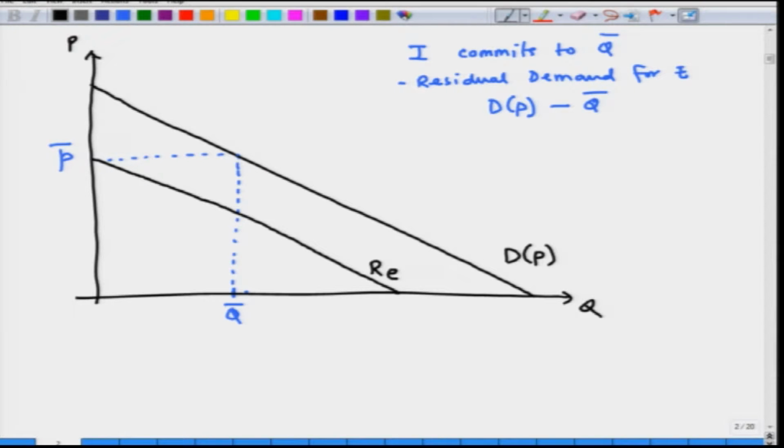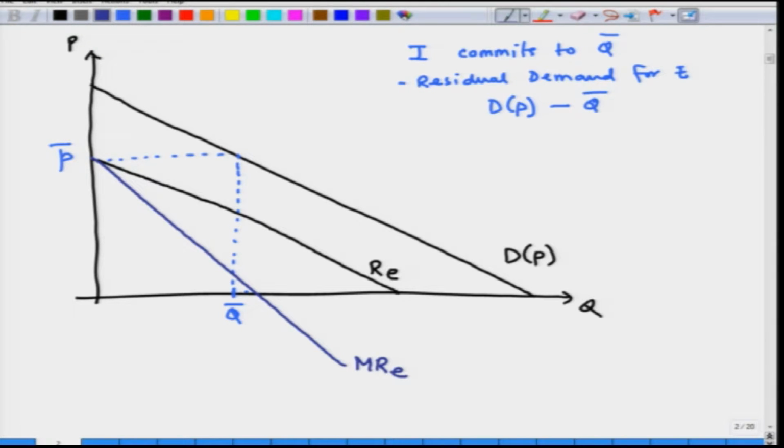Now, the entrant is going to take this residual demand curve as given, and asks what its marginal revenue curve is. So, let us say the entrant's marginal revenue curve is given by this equation. So, this is the entrant's marginal revenue.